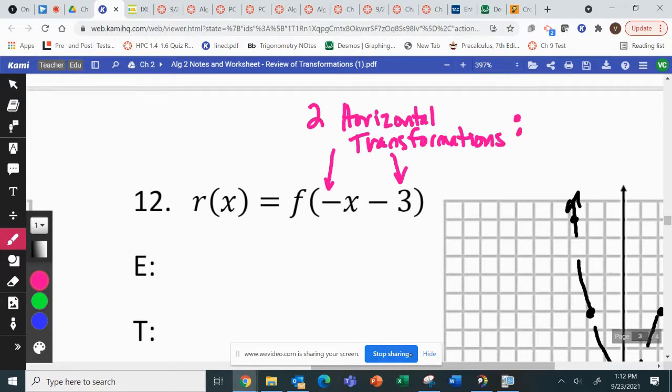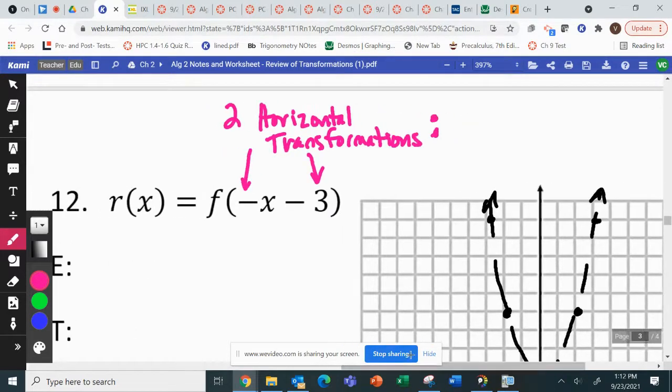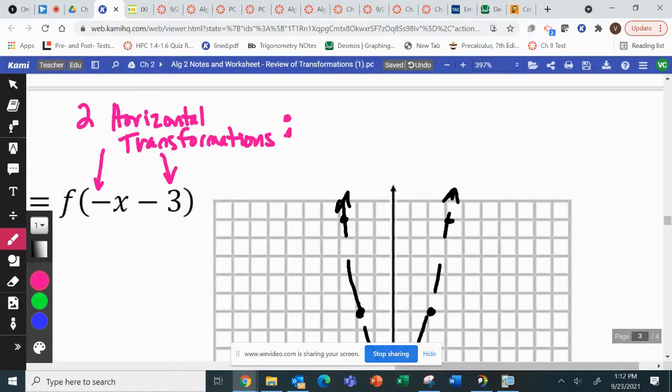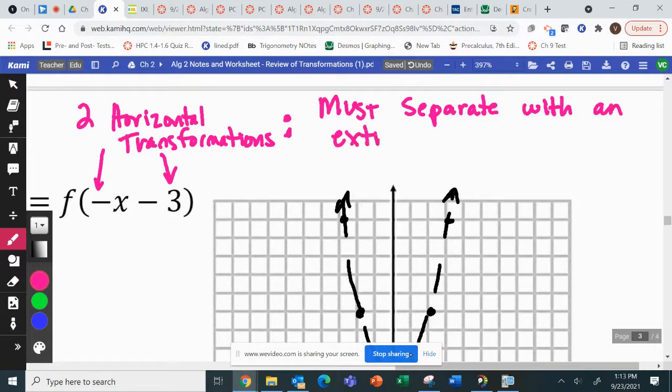If we have two horizontal transformations, they have to be separated with an extra parenthesis. Must separate with an extra parenthesis.